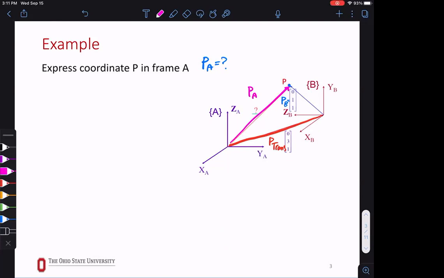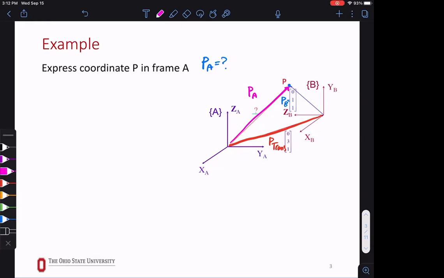We know the distance between A and B. Do we know the rotation between A and B? We can write that, right? That's another factor that we know. Now, a rotation and a translation happened, and frame A went to frame B. We can write the homogeneous transformation for this mapping, correct?